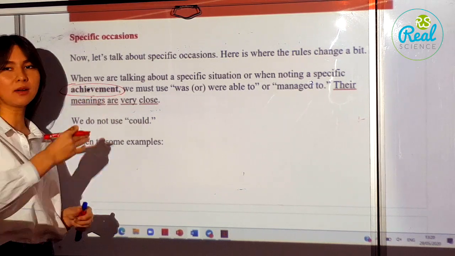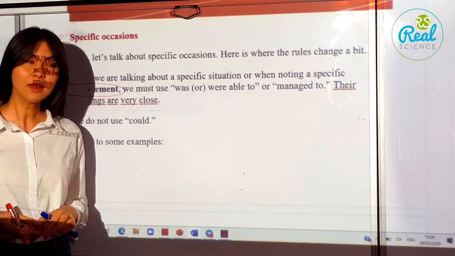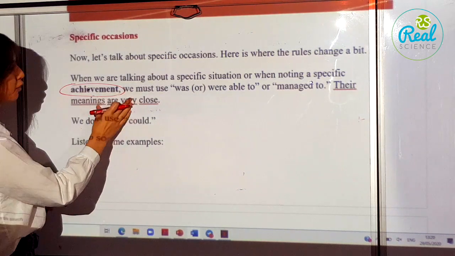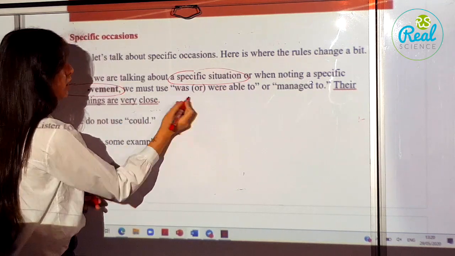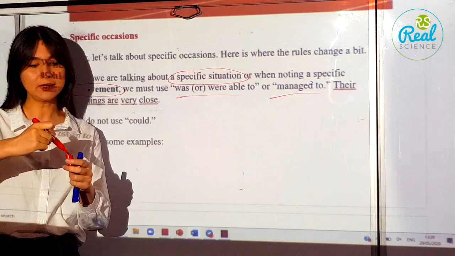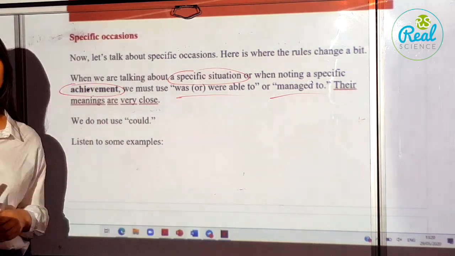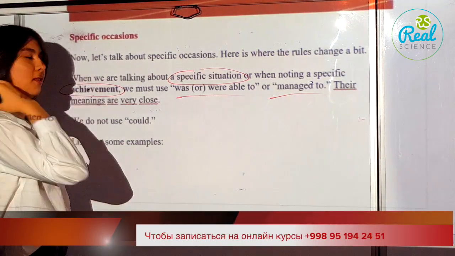Special achievements. What are the achievements? Достижения. Yeah, okay, very good. So when we talk about specific achievements, specific situations in the past, we use was, were able to, and managed to. Guys, by the way, what is the negative form of managed to and was, were able to? Didn't manage to.